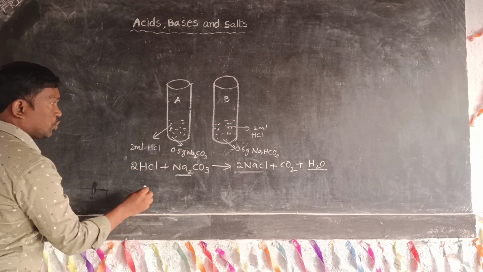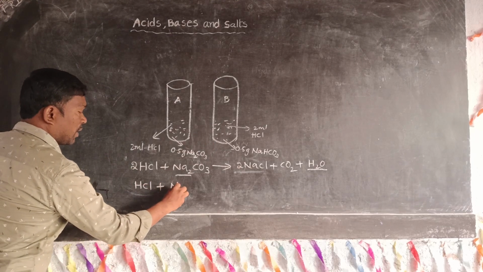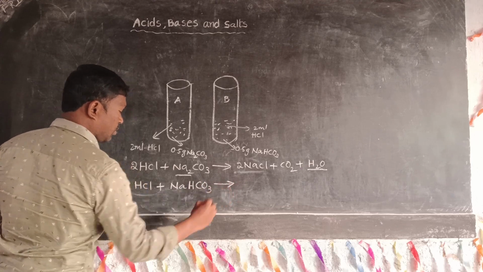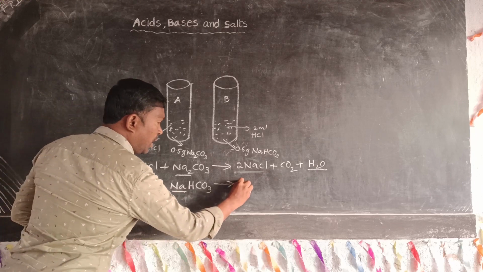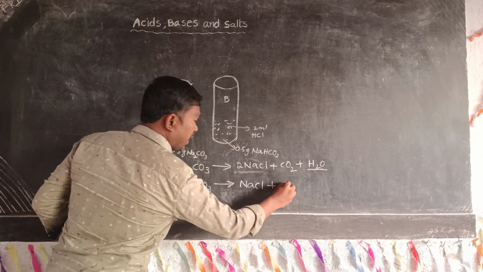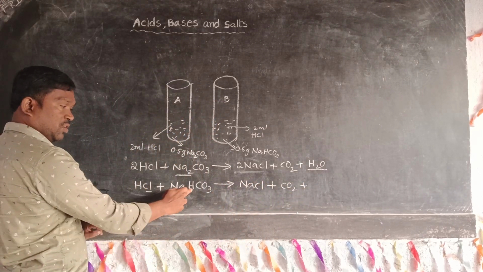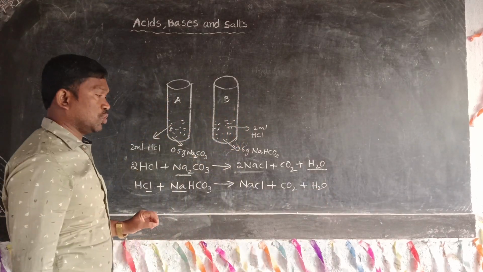Next, in the second test tube, hydrochloric acid plus sodium hydrogen carbonate gives NaCl, and from the CO3 part, CO2 is released, and the remaining oxygen with 2 hydrogens forms H2O.